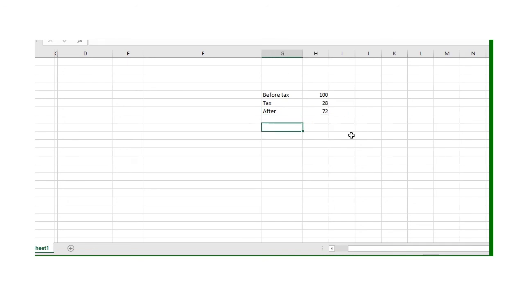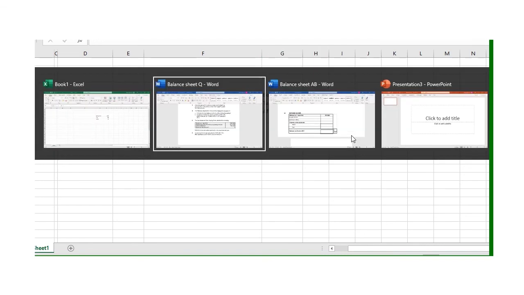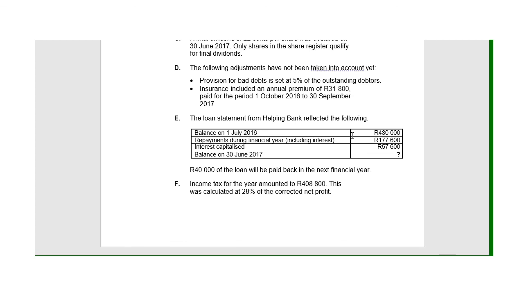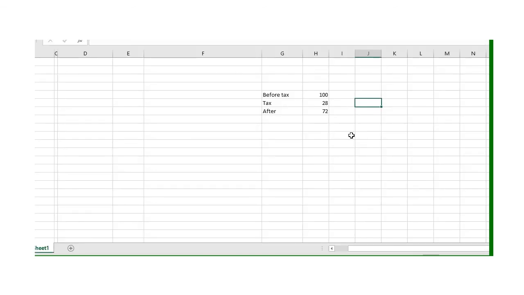Now if they give me one of the figures, they gave me the tax. They told me the tax is 408,800. So then you can use the formula by saying, okay, I'm going to take the 408,800 and I'll multiply that by, above the line, I will put what I want. I want the after tax, and that is 72.